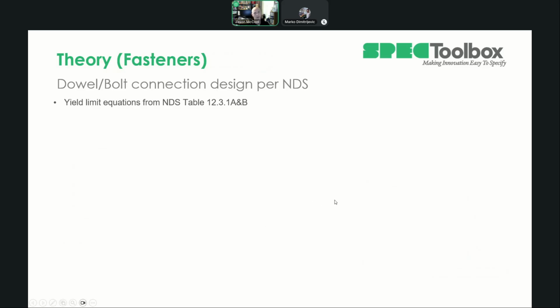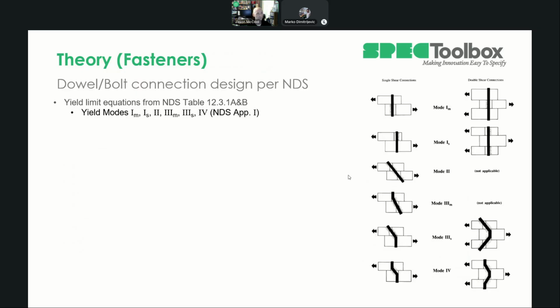So we'll start out with some theory about how fasteners are done in NDS. So we use yield limit equations from NDS tables 12.3.1A and B. And here's from NDS Appendix I, showing the different yield modes.